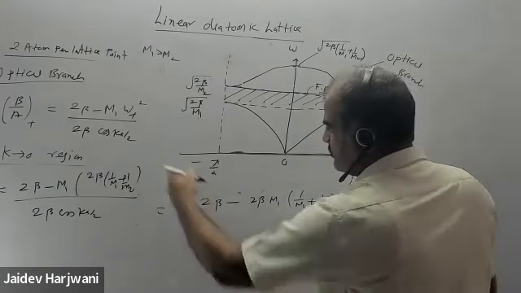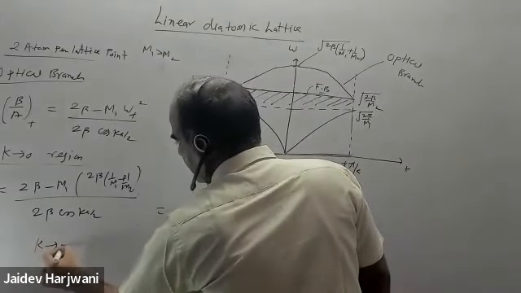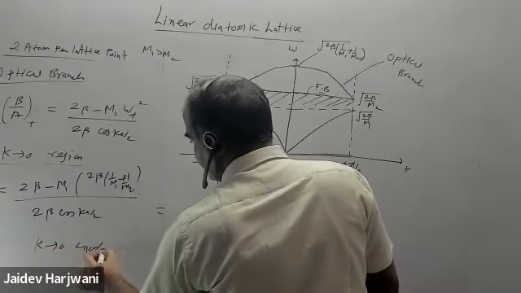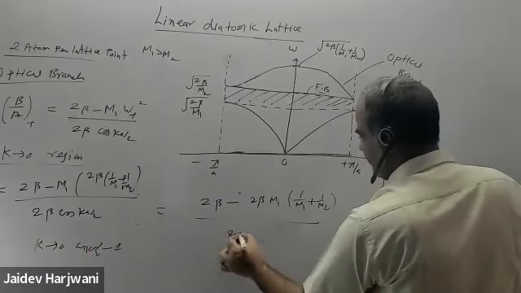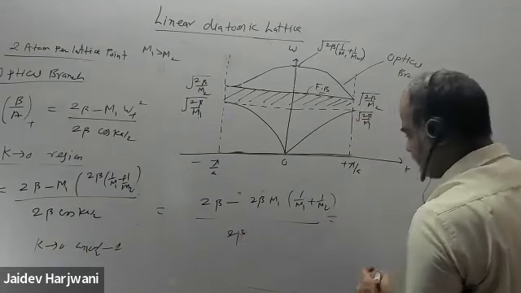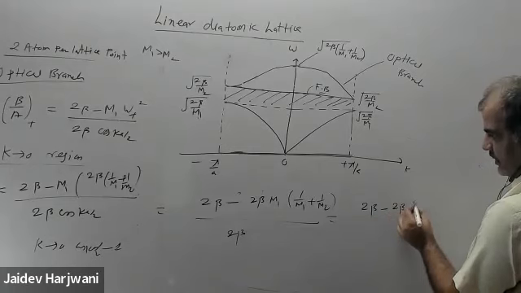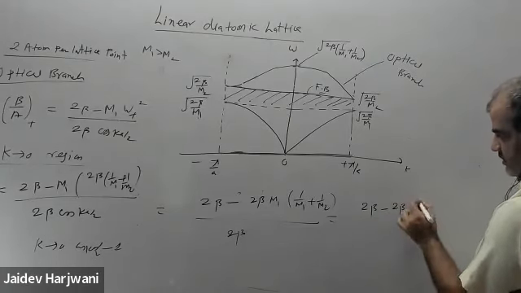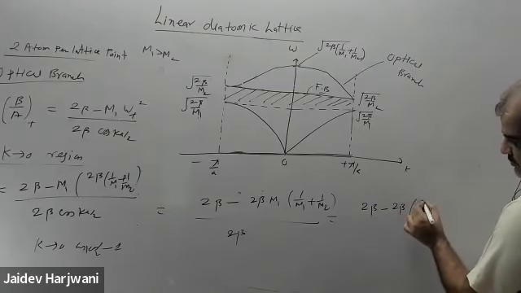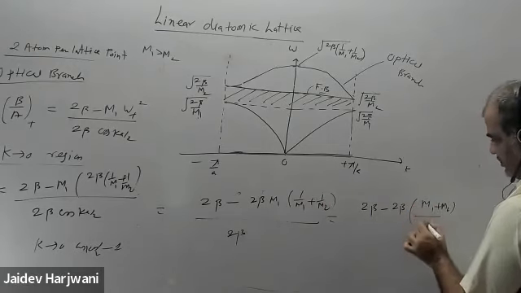At k equal to 0, cos k by 2 becomes 1, so the denominator is also 2 beta. Solving further, this gives 2 beta minus 2 beta, and m1 m2 over m1 plus m2, and m1 cancels, leaving m2.